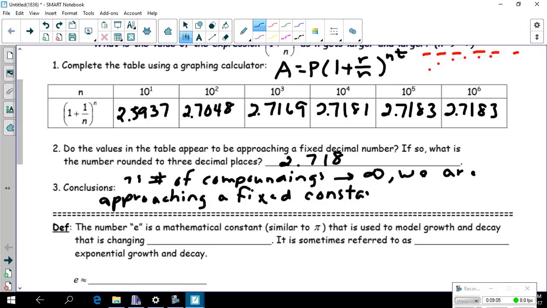And that constant is called the number e. So e is a number kind of like pi. It's irrational. Pi is 3.14159265, blah, blah, blah. E is similar to that, 2.718, blah, blah, blah. So that's what you want to think of it as.